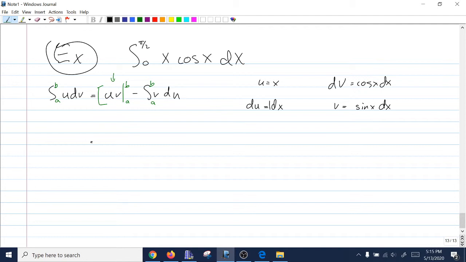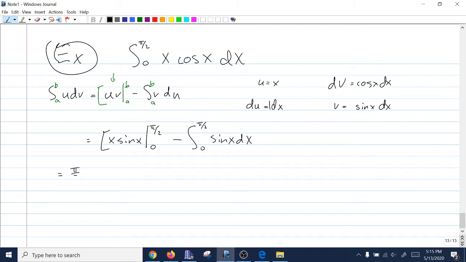So the integral of x cosine x from 0 to pi over 2 is uv, x sine x evaluated from 0 to pi over 2, minus the integral of v du, sine x evaluated from 0 to pi over 2. What is this?